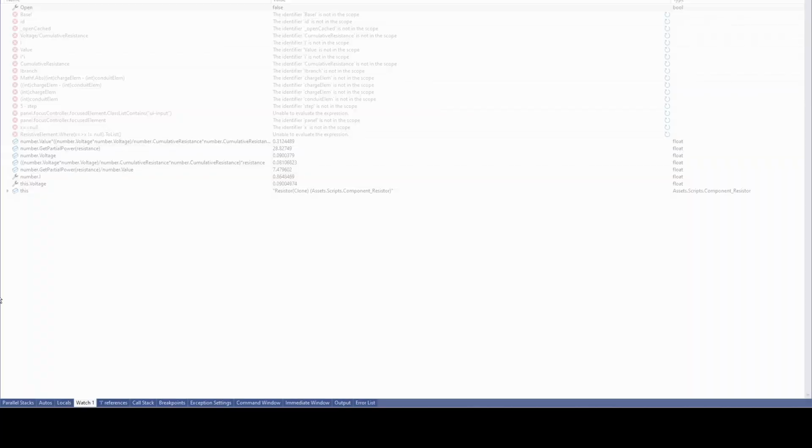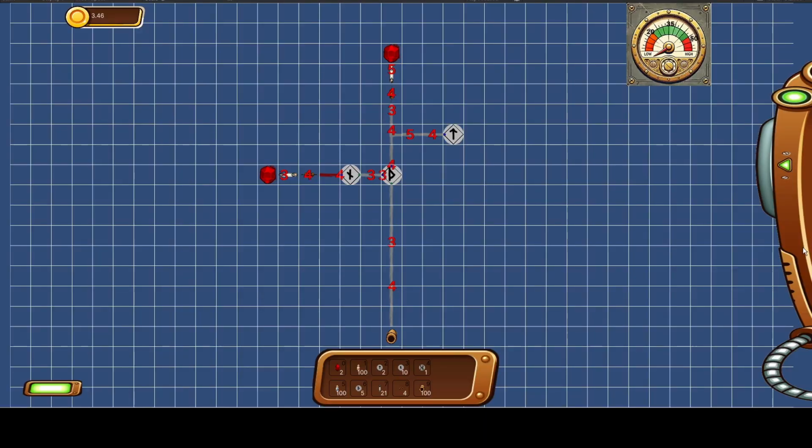Okay, so the way that I calculate, I take that power dissipation in watts that I mentioned before, and I divide that by the resistance of the conduit itself, and I take the square root of that result, and that is what is giving you that ampacity over there. Pause this.